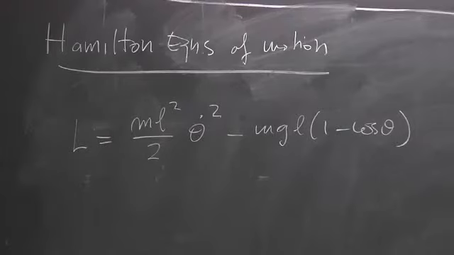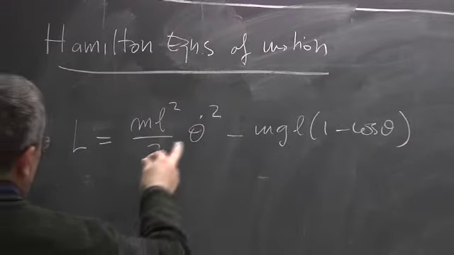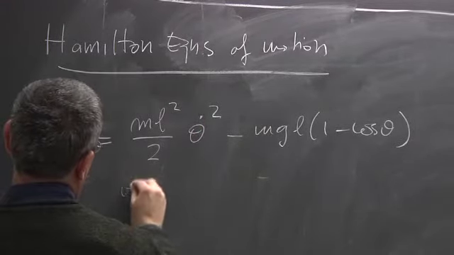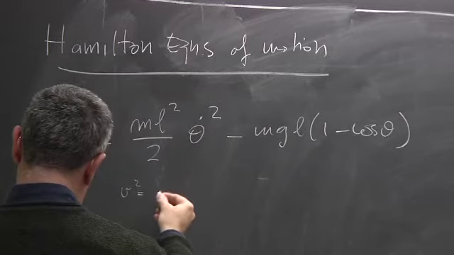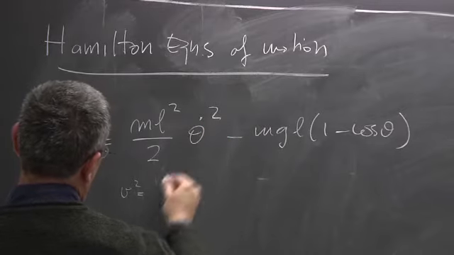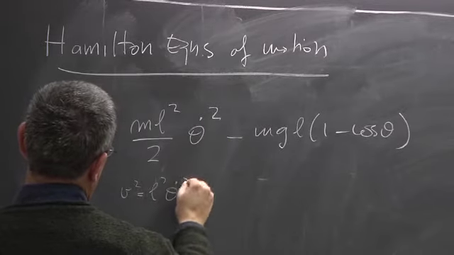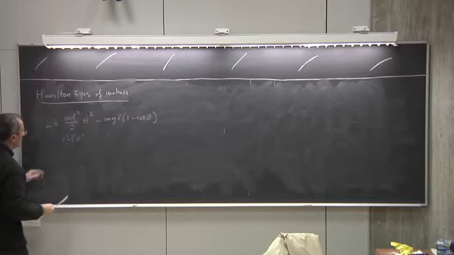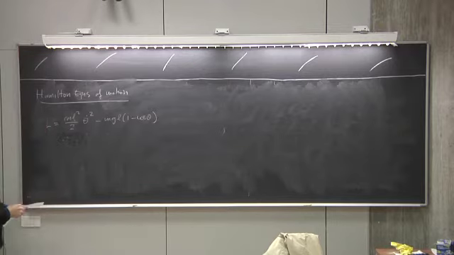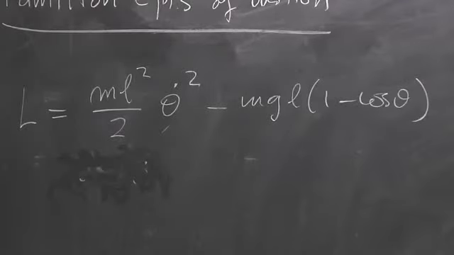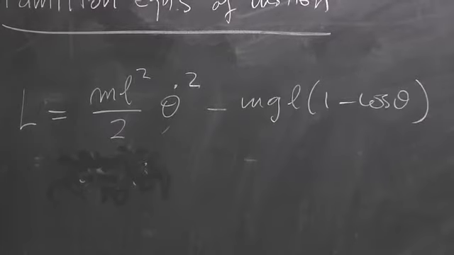See, this is just v squared for a pendulum, right? v is just L theta dot, so this is the kinetic term. And here's the potential, where I put the 0 when the pendulum is at the lowest point.